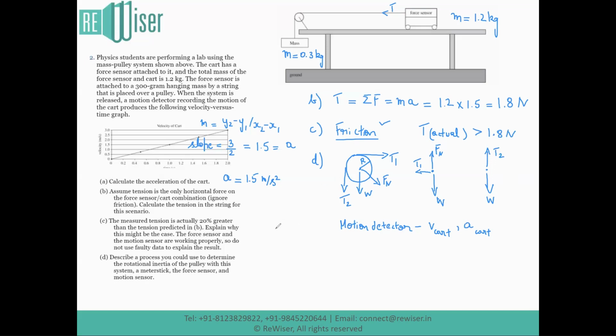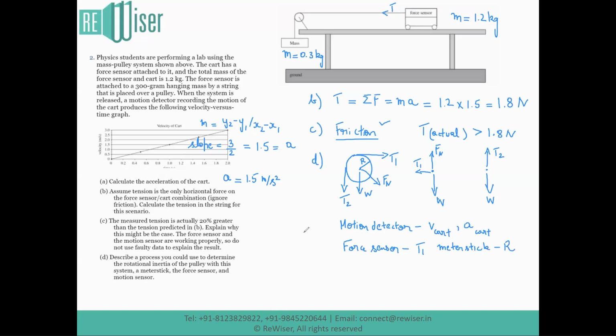And we can use the force sensor to measure the tension T1, and a meter stick to measure the radius of the pulley R. With all these values, we can use Newton's law of rotation to find the subsequent answers.